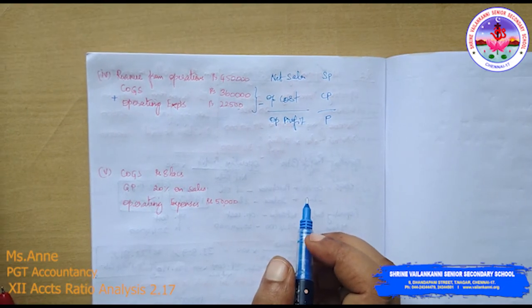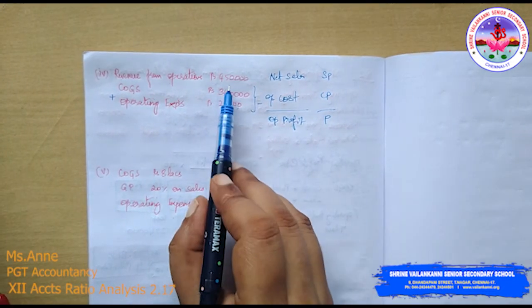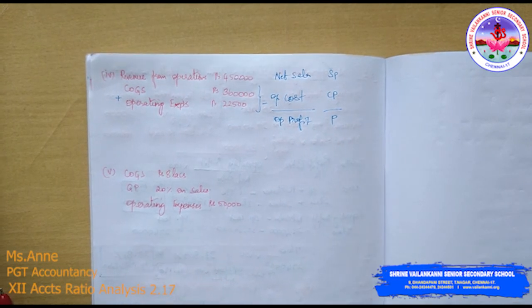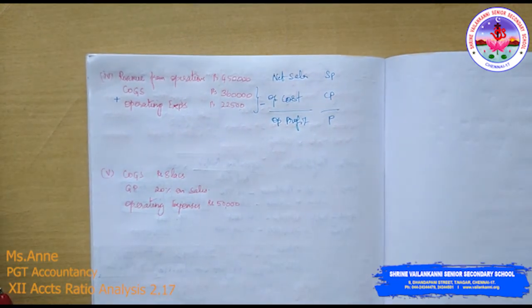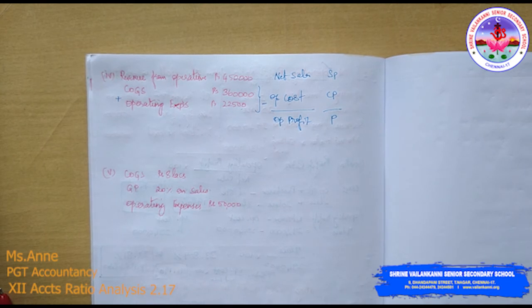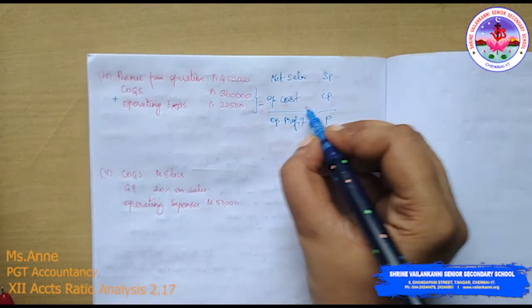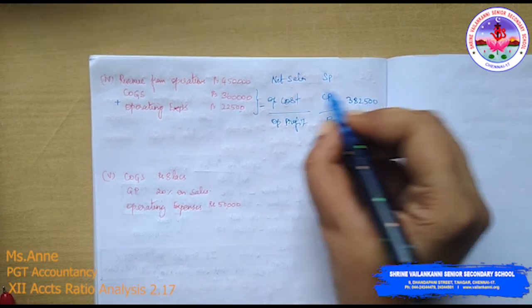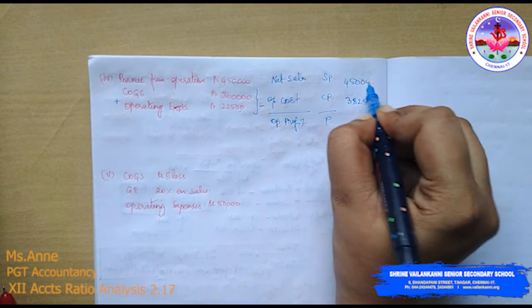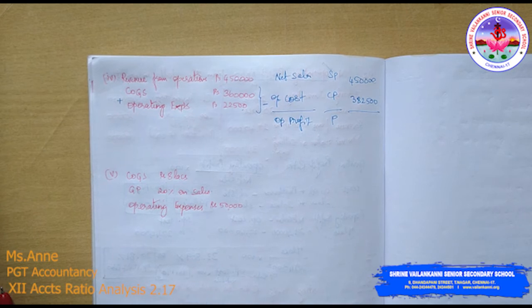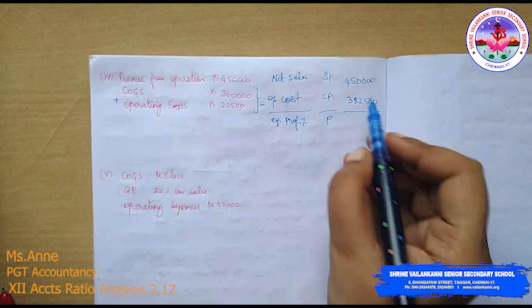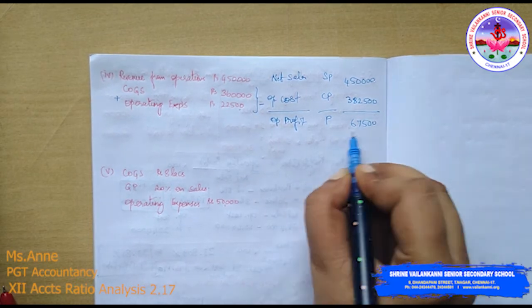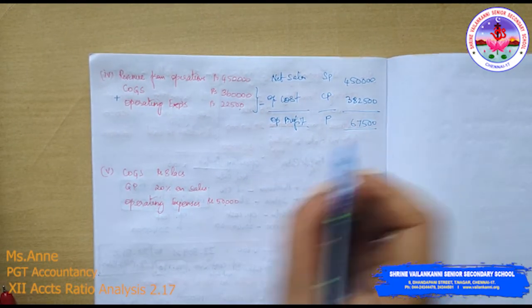This we are already aware. So I am going to simply deduct. If I add these two, 3,60,000 plus 22,500, my cost being 3,82,500. 4,50,000 minus 3,82,500, I am getting 67,500 to be my operating profit.